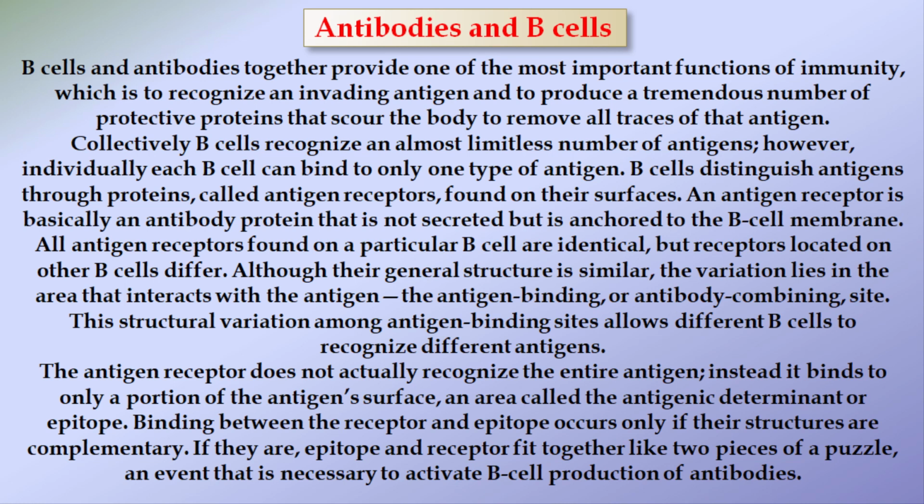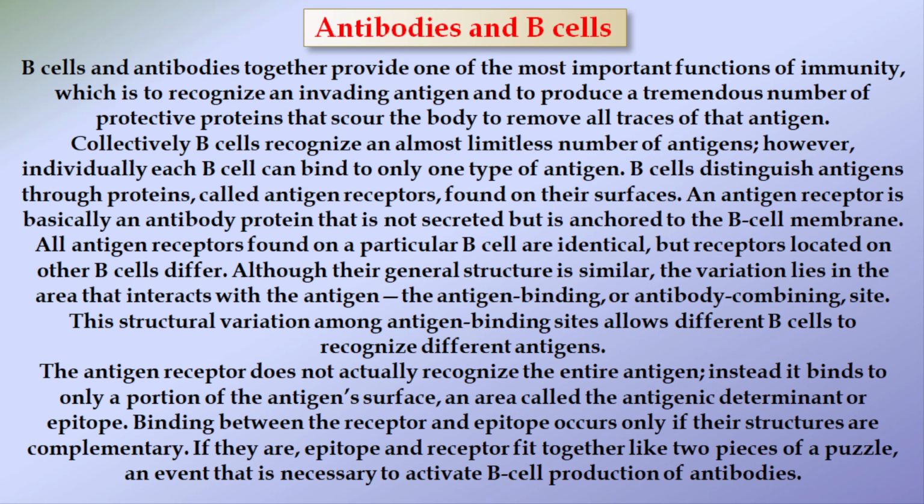Although their general structure is similar, the variation lies in the area that interacts with the antigen, the antigen binding, or antibody combining, site. This structural variation among antigen binding sites allows different B cells to recognize different antigens.